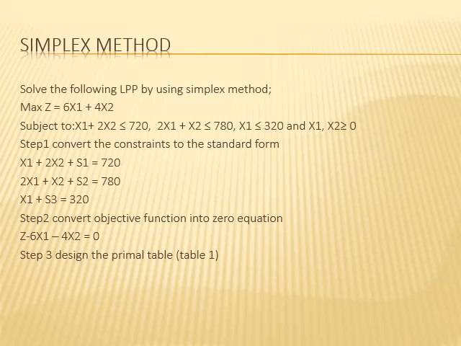Step 2, to convert the objective function into a zero equation. So we are going to move the two decision variables to the left side, and we will get z negative 6x1 negative 4x2 equals 0.